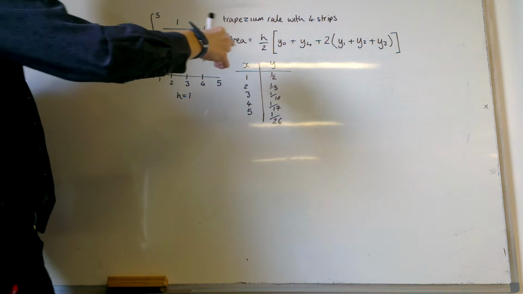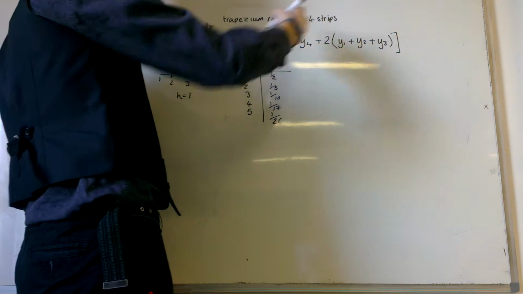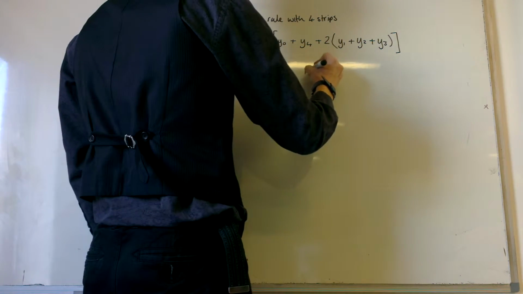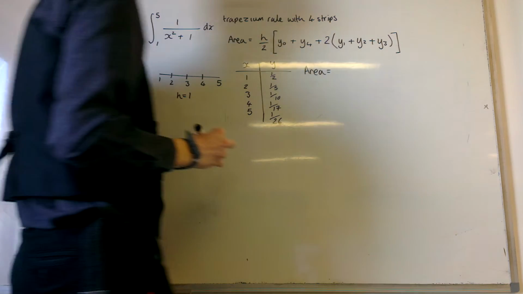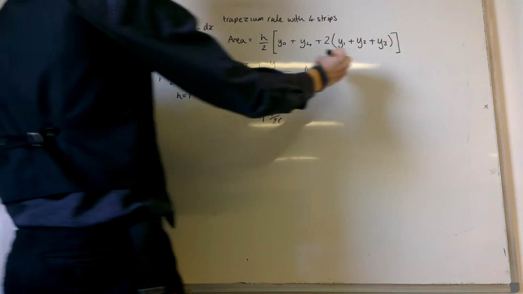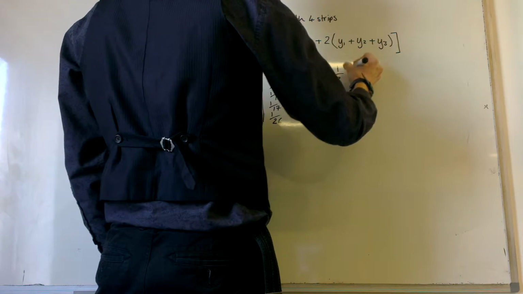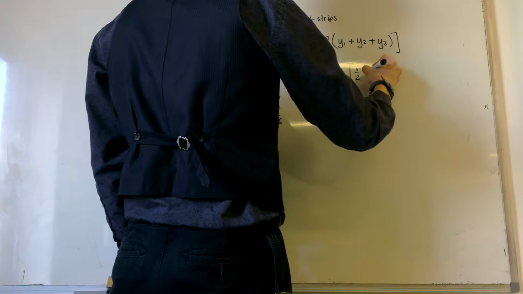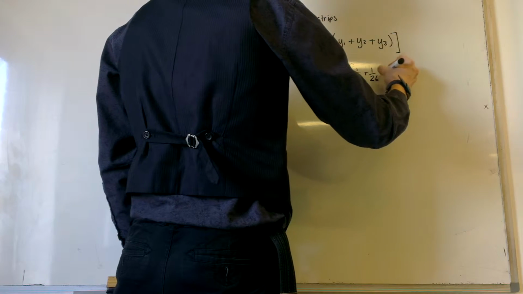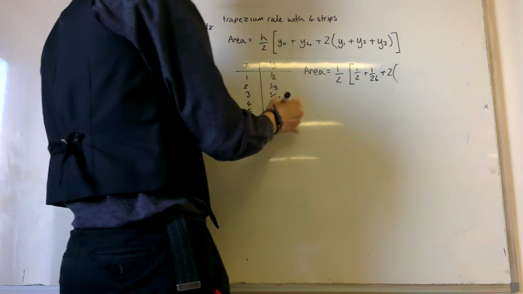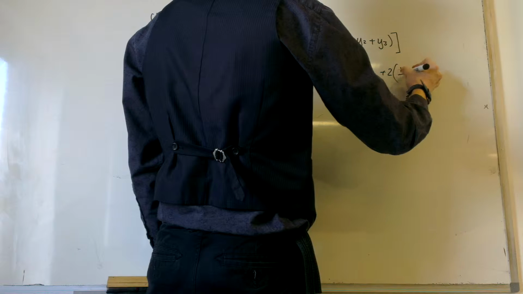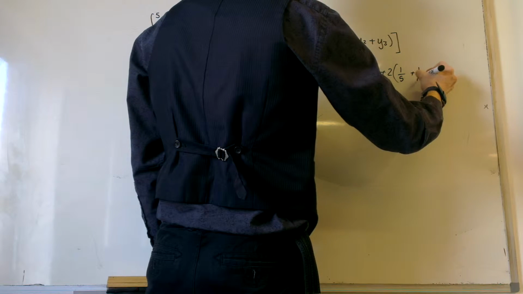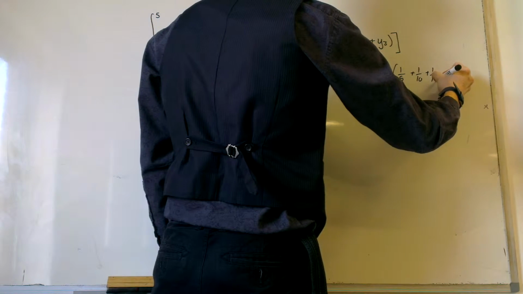Then I'm going to substitute all the values here into this formula and work out what my area is equal to. Area is equal to 1 over 2 multiplied by the first plus the last, a half plus 1 over 26, plus 2 lots of all of the other ordinates, 1 over 5 plus 1 over 10 plus 1 over 17.